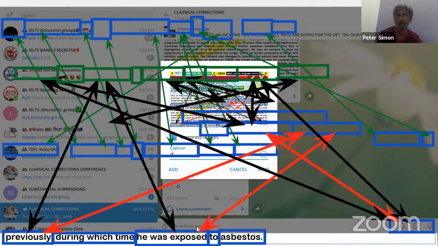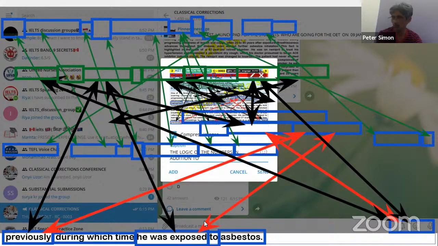Okay. Reading the logic of the numbers, in addition to the before and after concept.